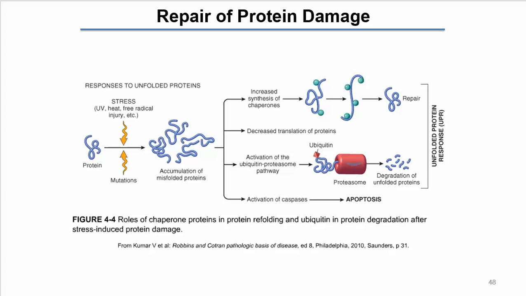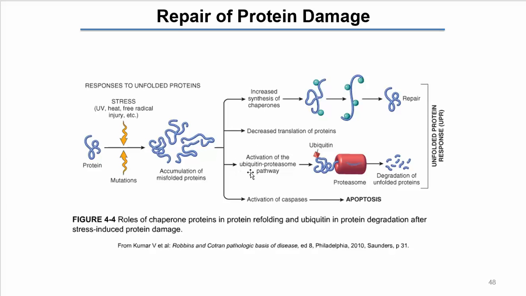So you have proteins, and various stresses cause them to misfold. A couple of things happen when this happens. One of the things is you stop making them because you don't want any more of these accumulated. So you slow down on the translation of these proteins. You make these chaperone proteins that try and repair.